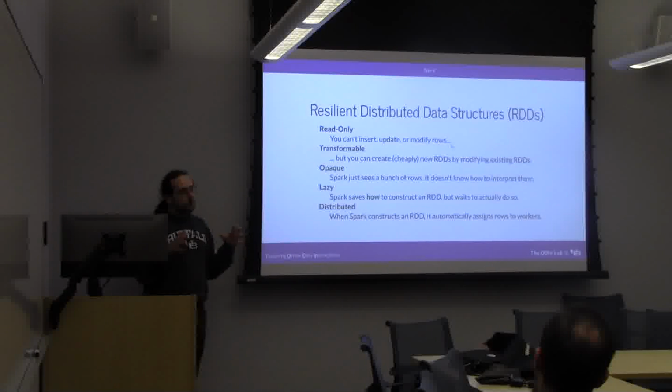It takes care of all of the messiness of getting your data, getting your code to the workers, and actually making sure that they run. And it does this in a resilient way. If anything fails in the process, it recovers, restarts the computation, or restarts at least the necessary parts of the computation.